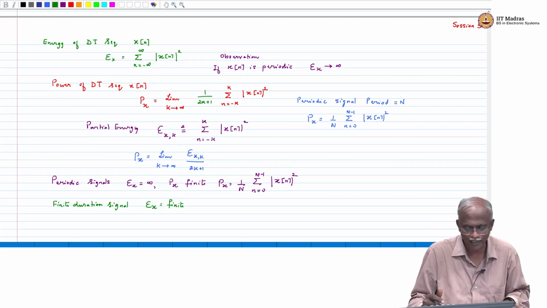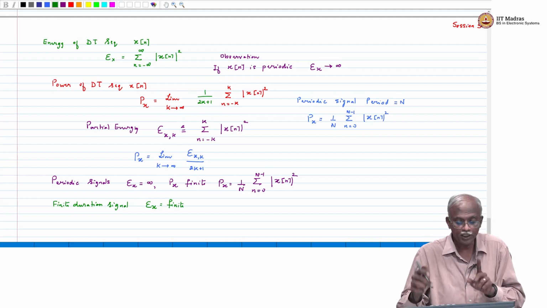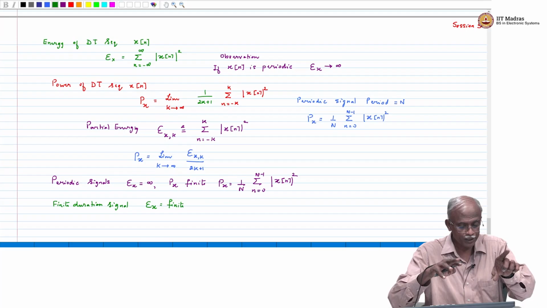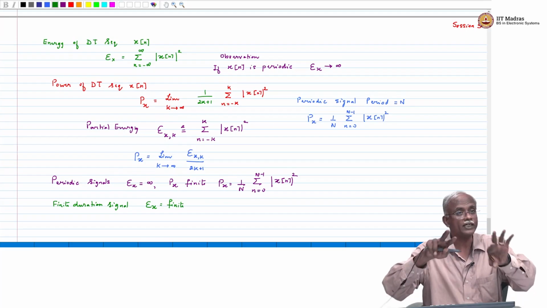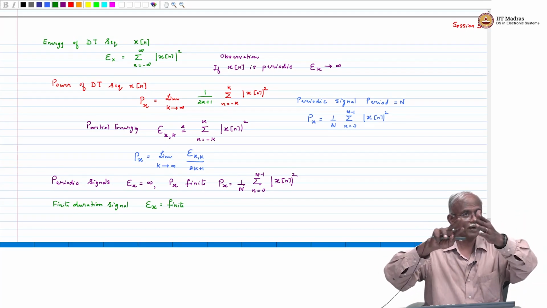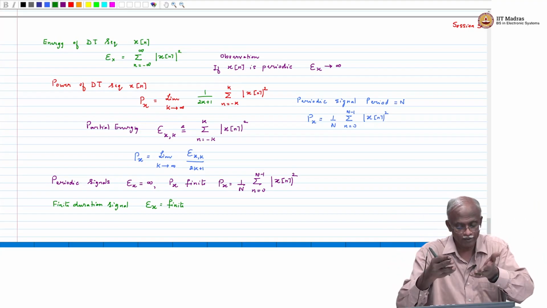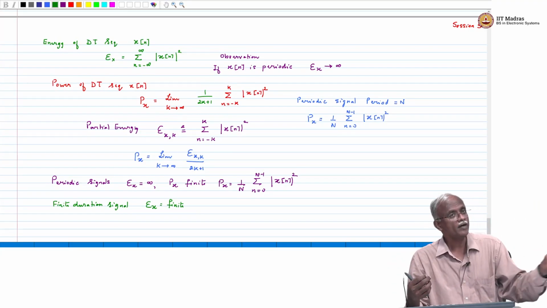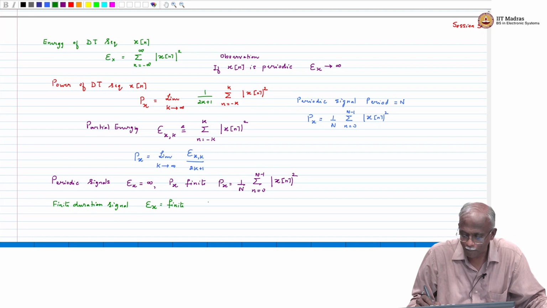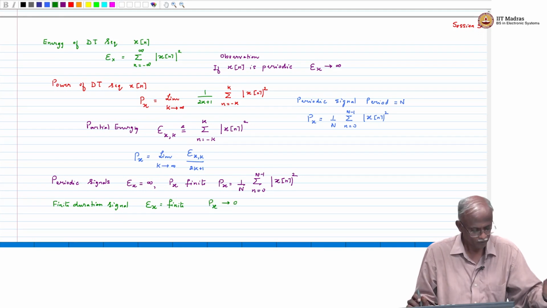But look at the definition of power. The definition of power is the limit as k tends to infinity of the partial energy, a finite value, divided by 2k plus 1. So, P of x will tend to 0.